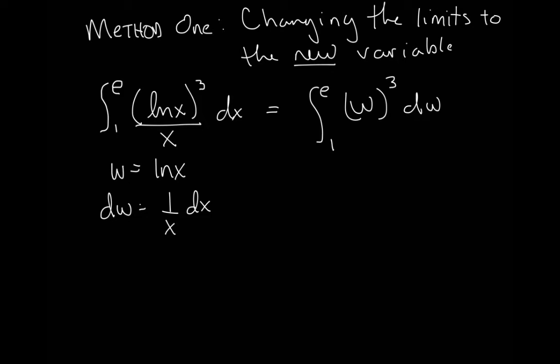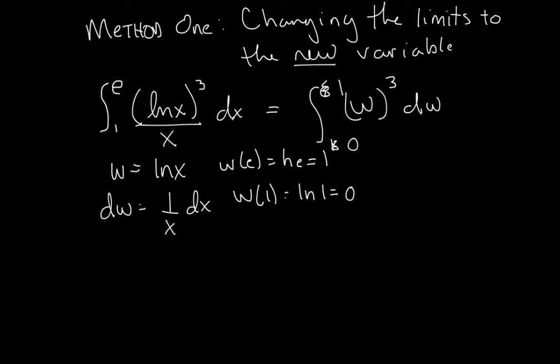So back in this first step, we should say w of e will equal the natural log of e, which of course equals 1. And w of 1 will equal the natural log of 1, which equals 0. So when I rewrite my integrand, I'm not going to have limits of 1 and e. I'm going to have limits of 0 and 1.